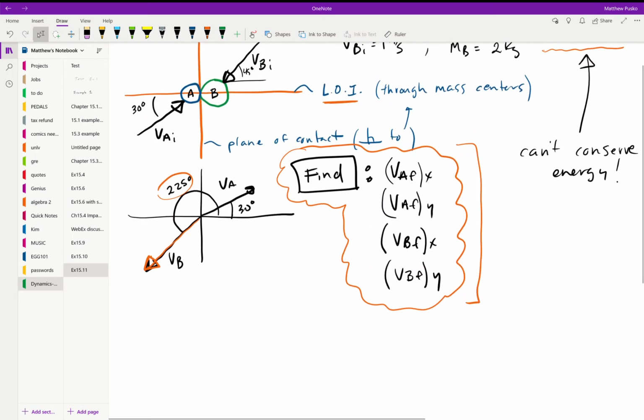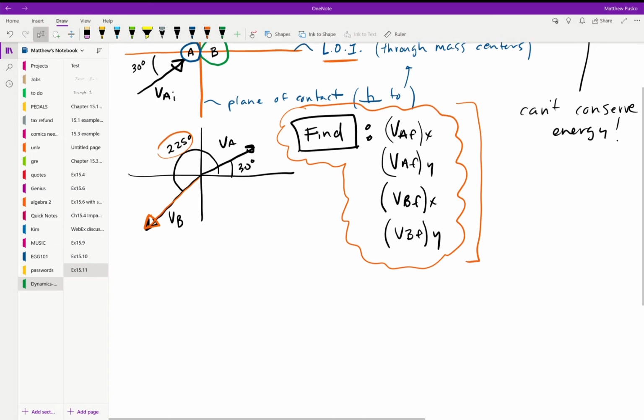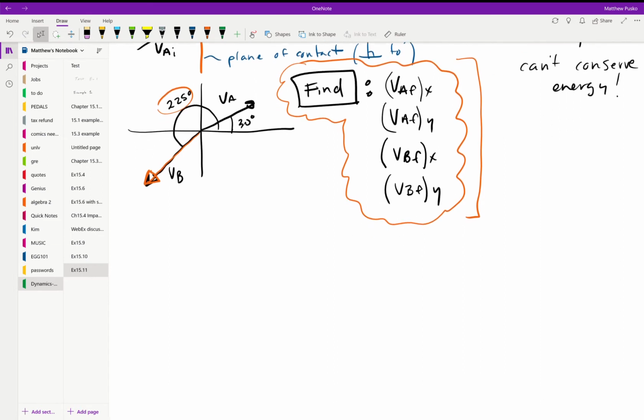Okay, so I'm going to take my initial velocities and break them into some numbers that we can plug in. The velocity of A initially in the x direction is going to be the 3 meters per second times the cosine of 30, since A is going at a 30-degree angle relative to the x-axis, the axis we measure from.